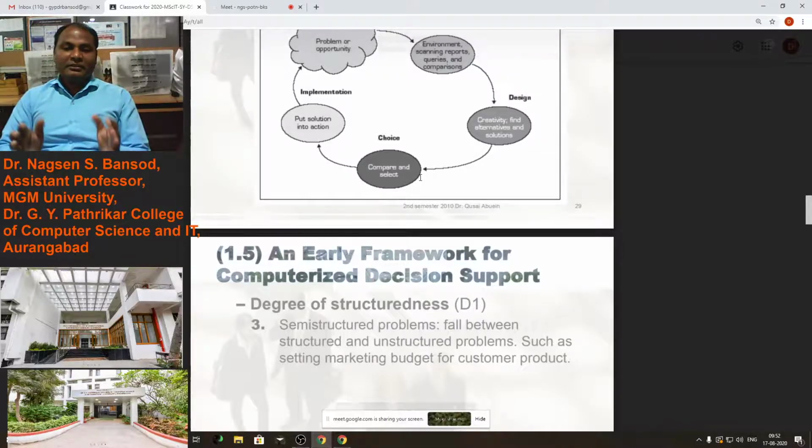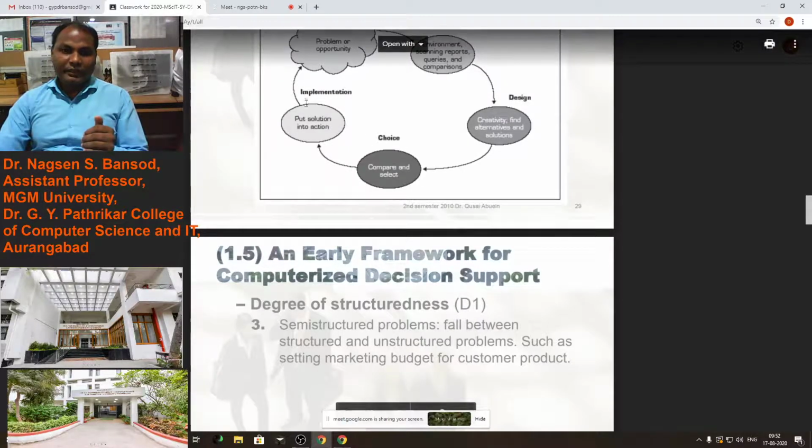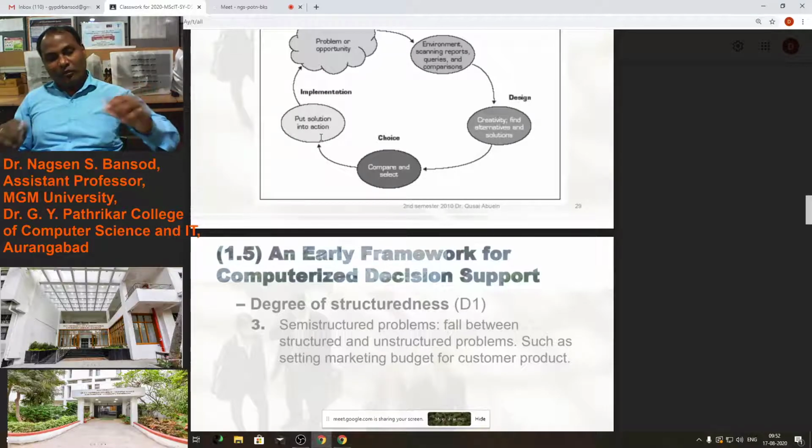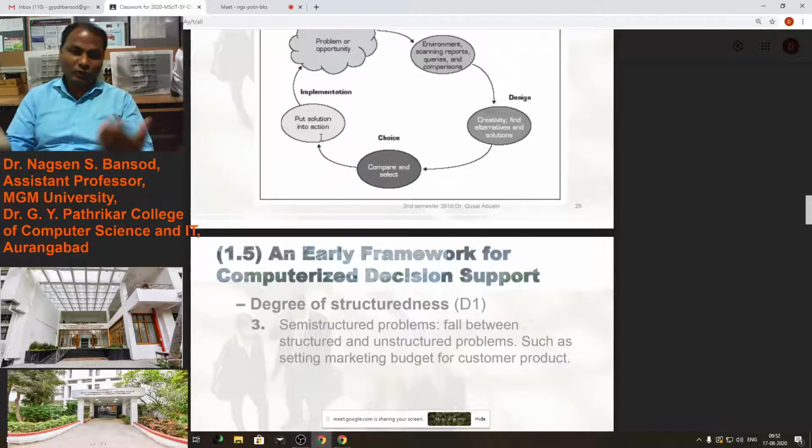After selecting a model, you have to implement it, put the solution into action. Before implementation, you have this model on paper, you have written the design. You have to make the computerized support system and implement it on the computer.